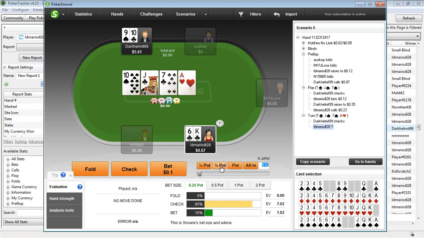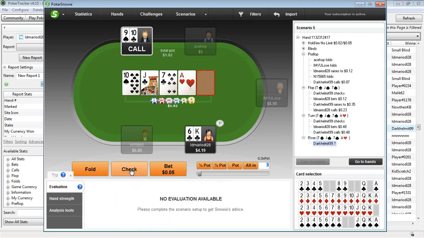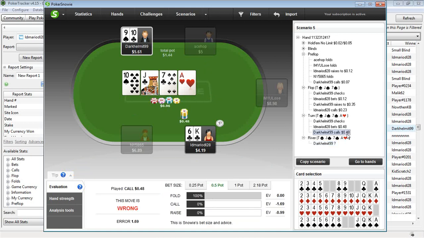Half pot. And let's say now he calls. It's saying, by the way, that the optimal play for him would be to fold here. And maybe we could have gotten him to fold there.